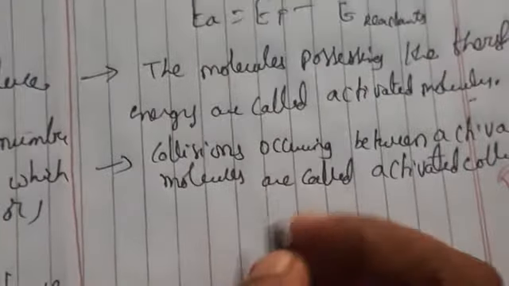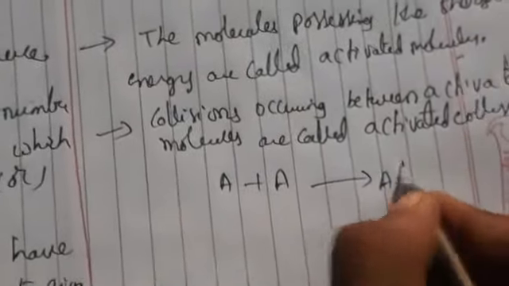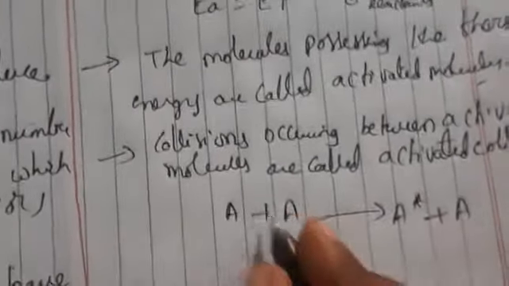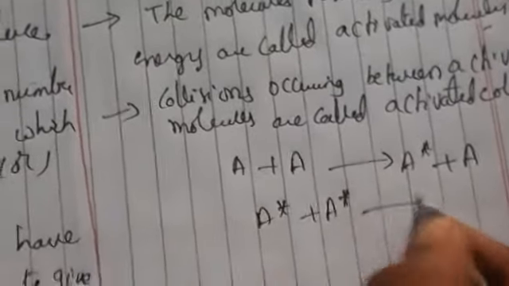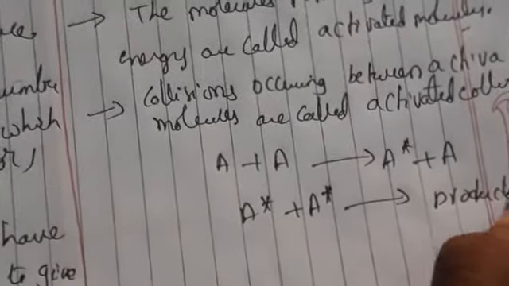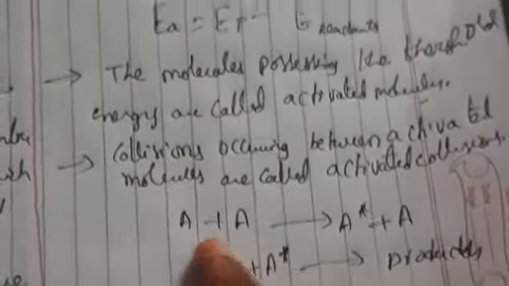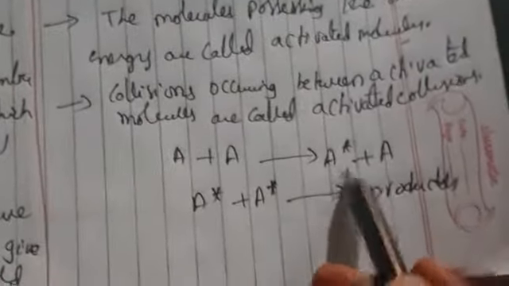That's why we get A plus A gives A star plus A star, and A star plus A star gives products. So the reacting molecules collide and acquire the minimum energy, the threshold energy.